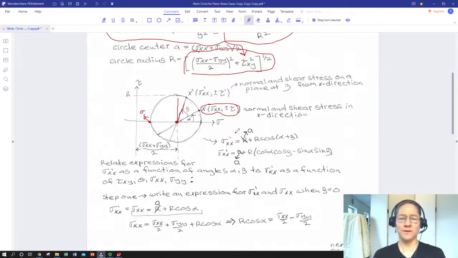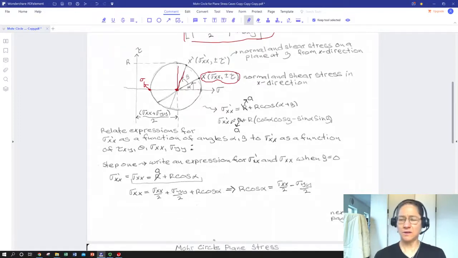But it's well worth it, because when you get used to it, you can intuitively envision what's going on and see conditions of serious interest, like immediately see, what's my maximum tensile stress?